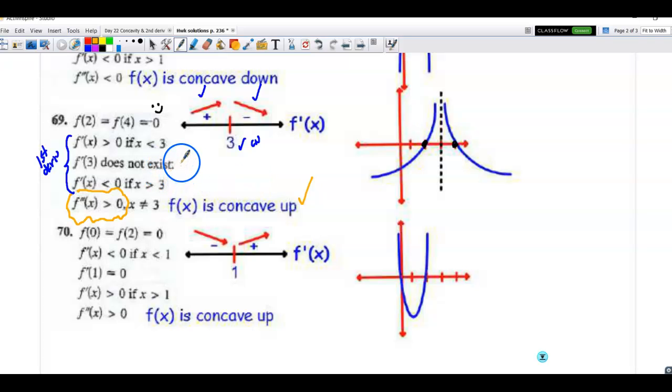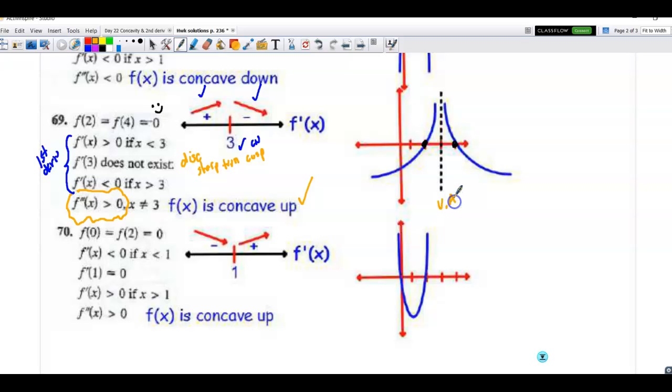The first derivative is not defined, so now I can have a discontinuity, or maybe I can have a sharp turn or cusp. So all of those things are open to me, but in order to make the increasing, decreasing, and the concavity work, I decided to put a vertical asymptote at x equal to 3.